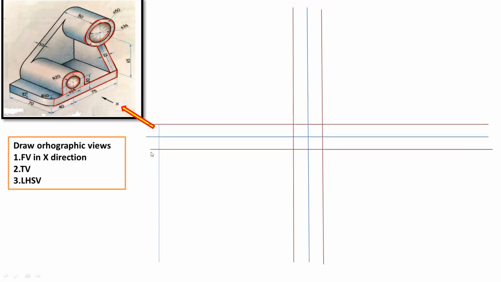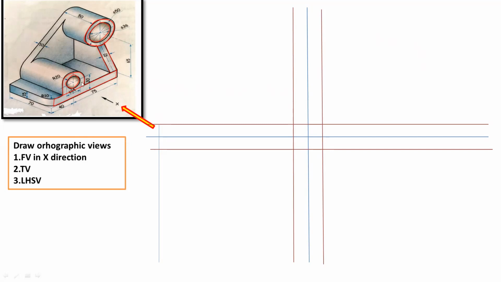And now the next part is we have to select the proper quadrant for the front view. The front view you can draw either in the first quadrant or in the second quadrant. Okay. But how to decide the correct position? For that, we have to refer to the side view direction.